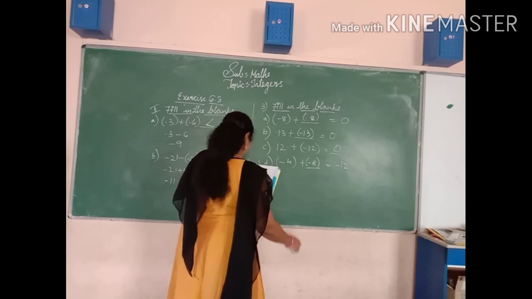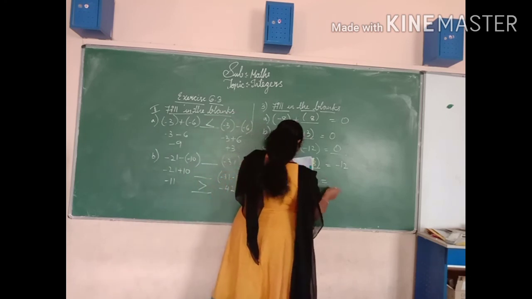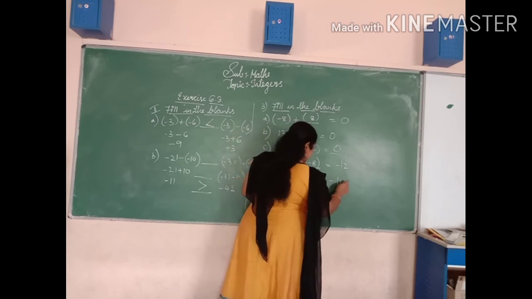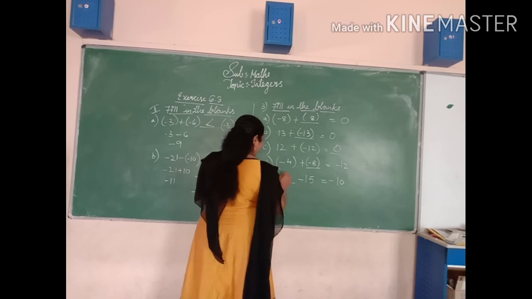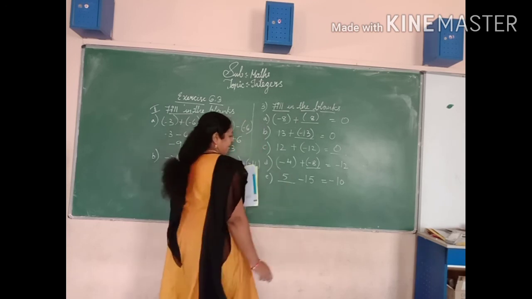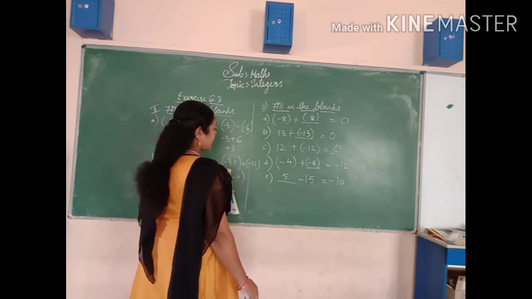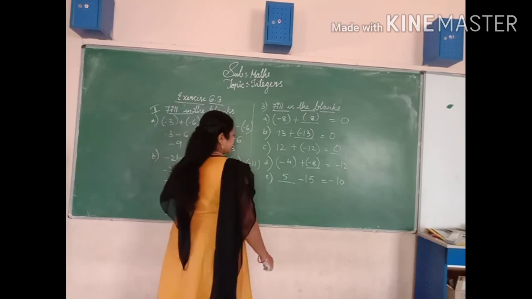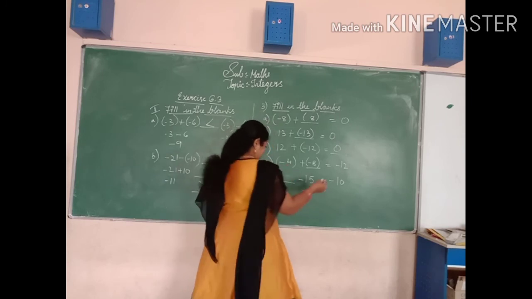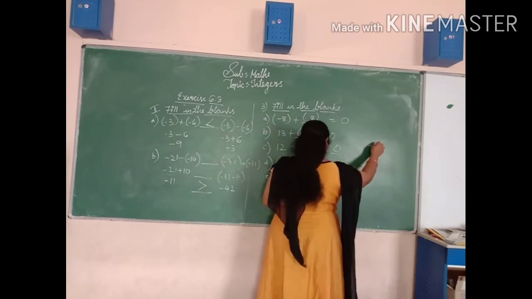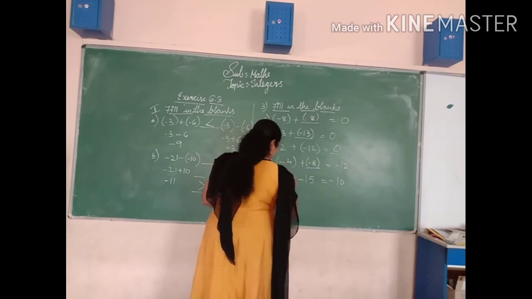So E, dash minus 15 is equal to minus 10. So it is 5. 5 minus 15 is equal to minus 10. Or it will go for minus 25.